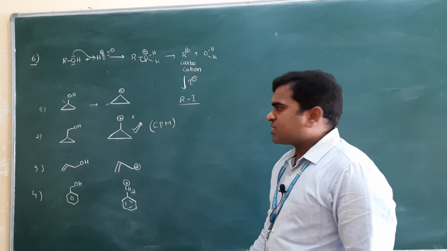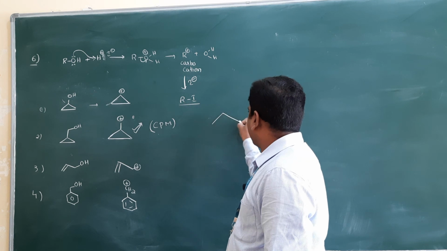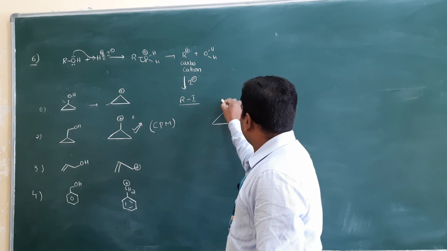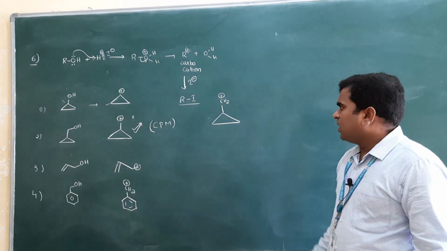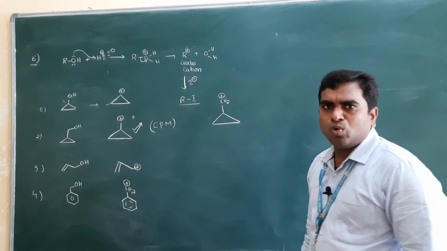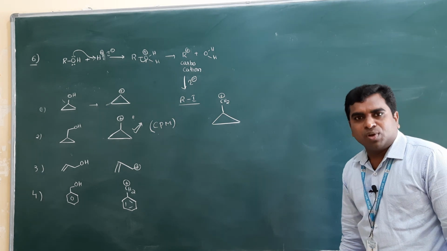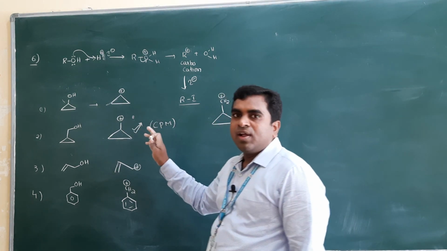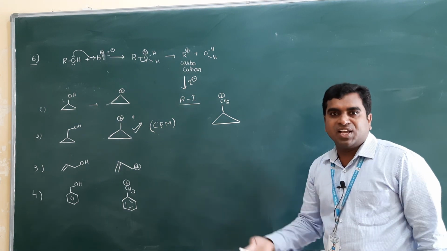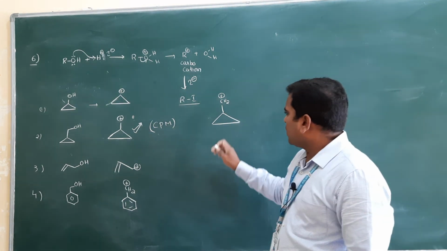So why is it more stable? You already know that here this is CH2 plus. Clear? There is a new concept here, dancing resonance. The cyclopropyl methyl cation is involved in dancing resonance also. What is that? We will discuss.